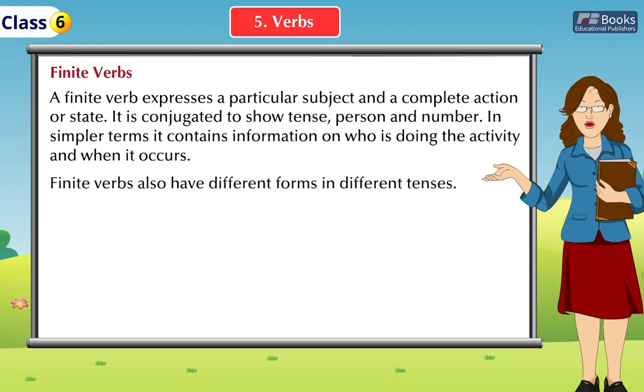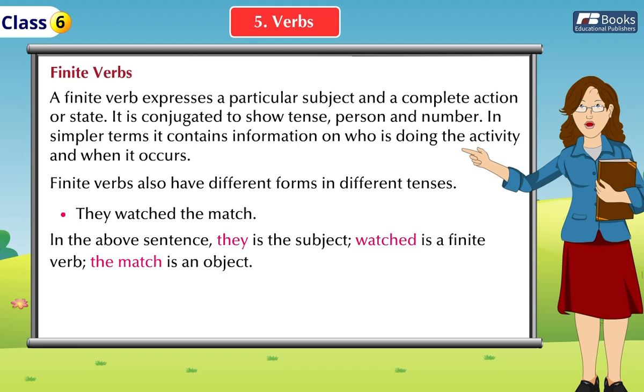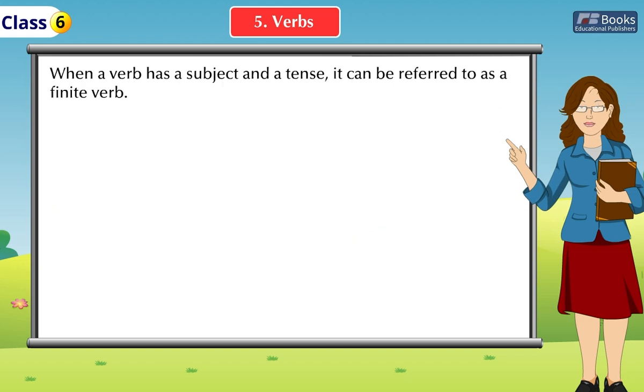Finite verbs also have different forms in different tenses. They watched the match. In the above sentence, "they" is the subject, "watched" is a finite verb, and "the match" is an object. When a verb has a subject and a tense, it can be referred to as a finite verb.